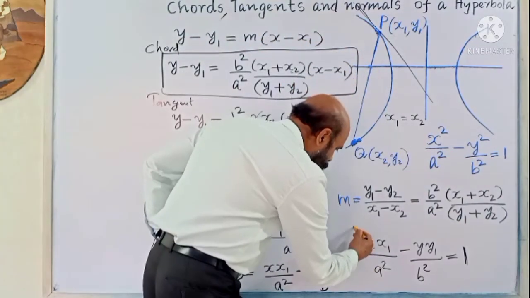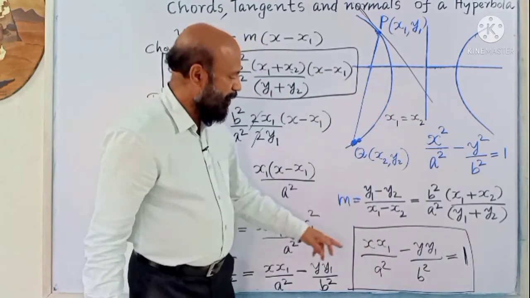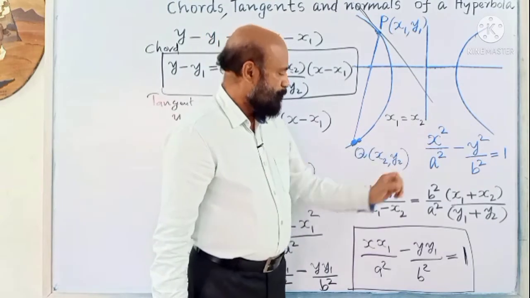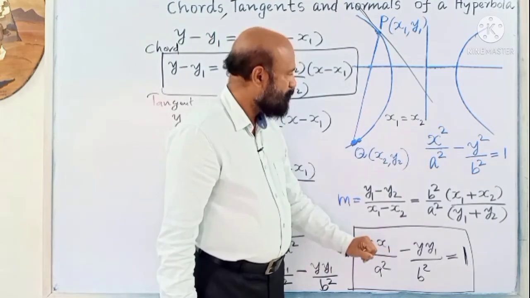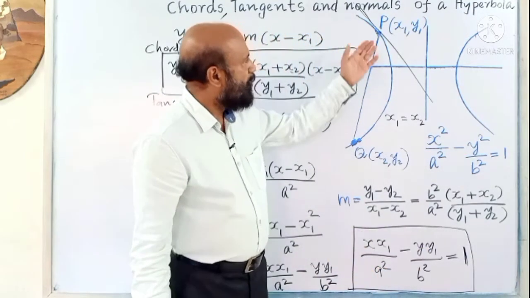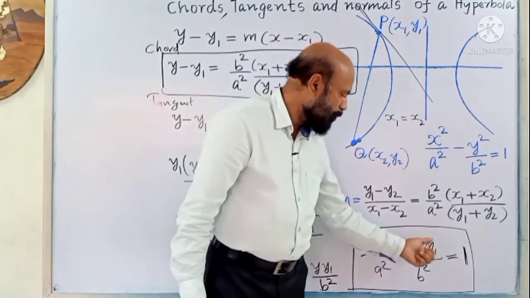So this is the equation of the tangent at the point x1 comma y1. So easily you can remember, where there is x square you write x1, where there is y square you write y1. Then you will get the equation of the tangent at the point x1 comma y1.